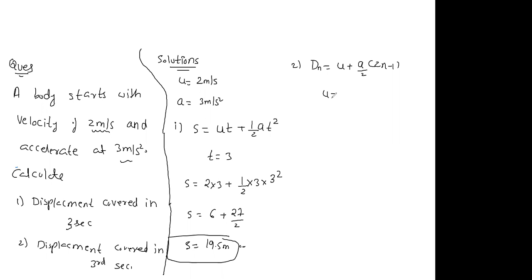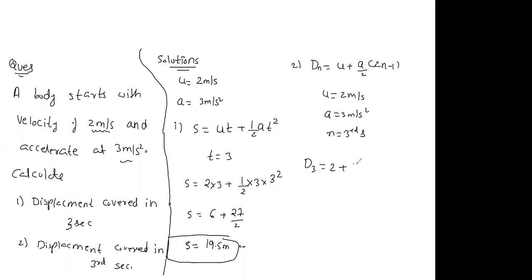U is the same, 2 meter per second. Your a is 3 meter per second square. But your n here is 3, the third second. When I substitute, d3 is, instead of n, just substitute 3.